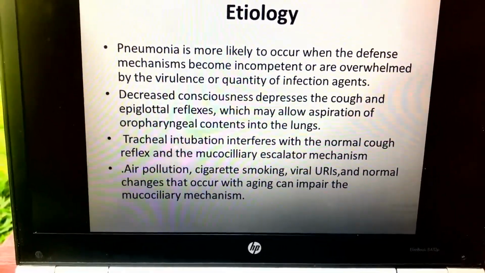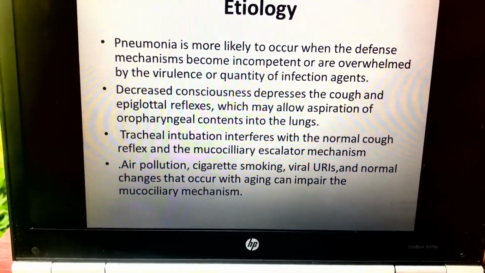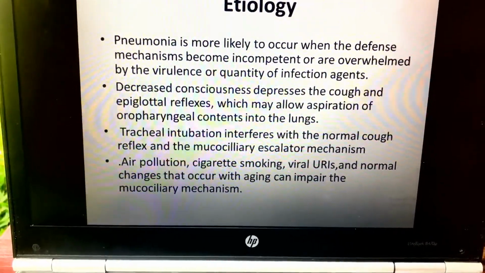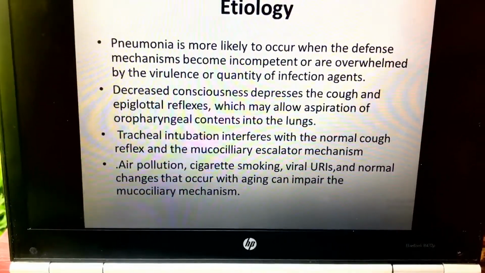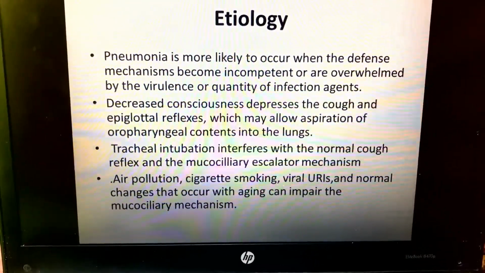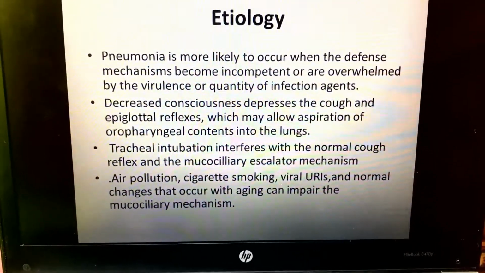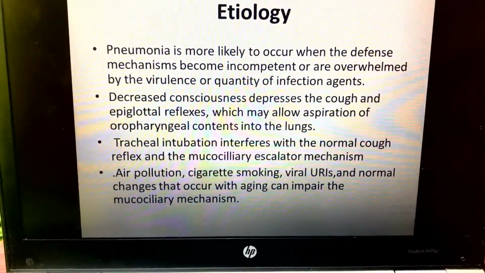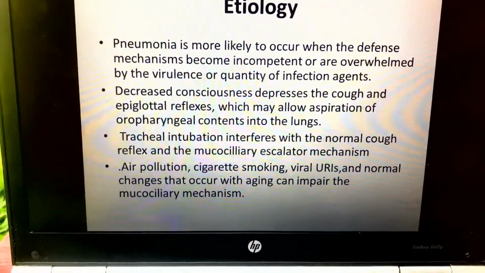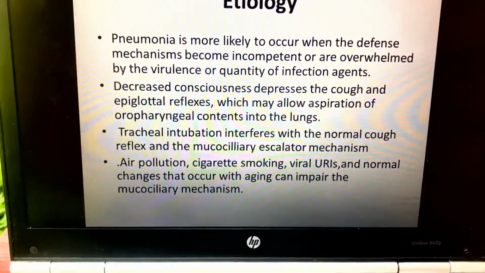Pneumonia is more likely to occur when the defense mechanisms become incompetent or are overwhelmed by the virulence or quantity of the infectious agent. Because our airways are protected by those mechanisms highlighted above, pneumonia, the infection of the parenchyma or the lung cells, will occur when the defense mechanisms become incompetent or overwhelmed by the virulence.